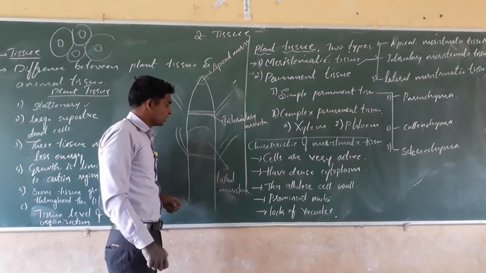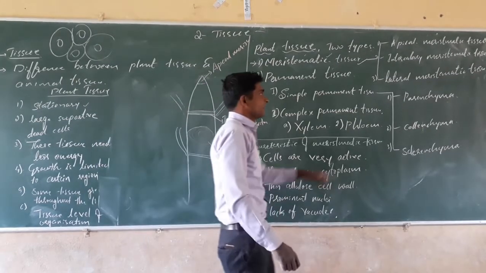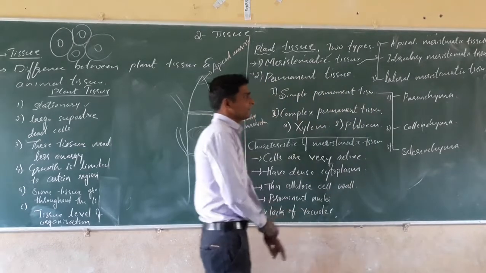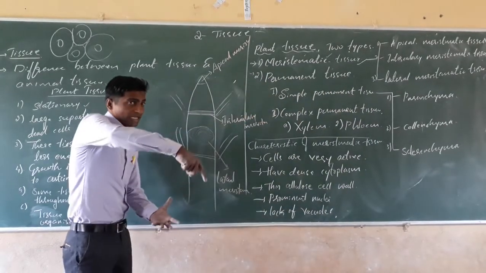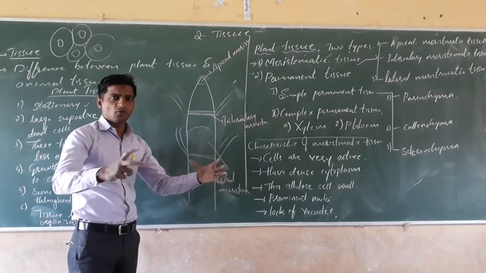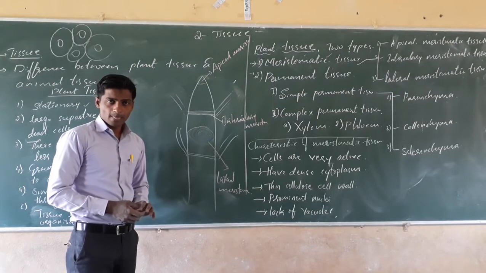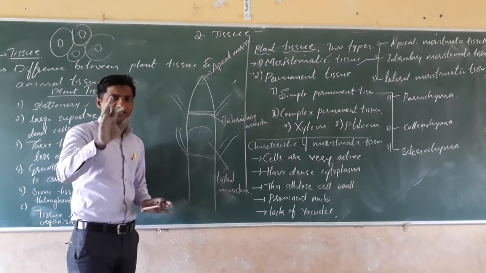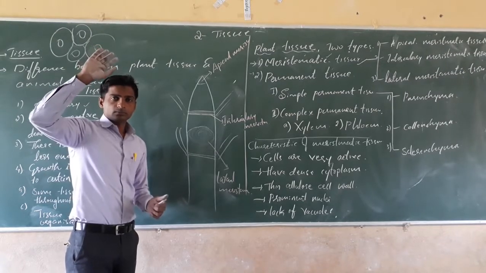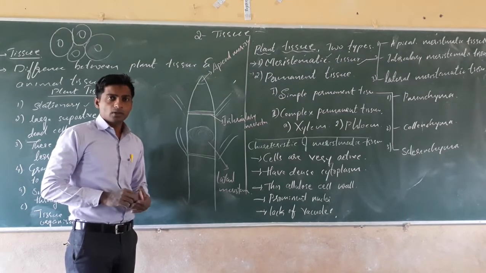Next comes the lateral meristematic tissue. The third type is lateral meristematic tissue. Lateral means it increases the width; the stem becomes wider. You might have seen plants in your childhood, at your maternal grandparents' or your uncle's house.